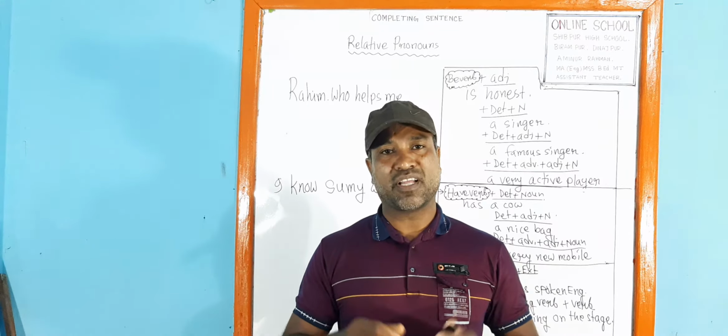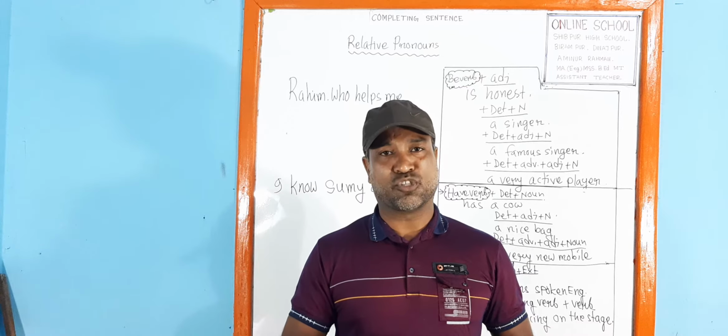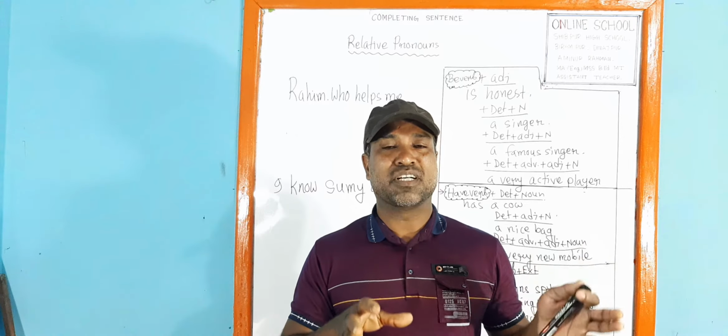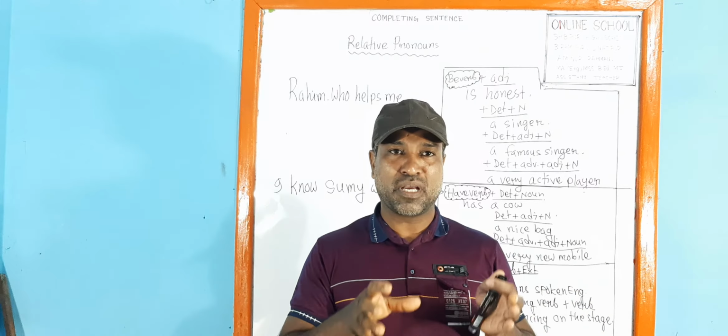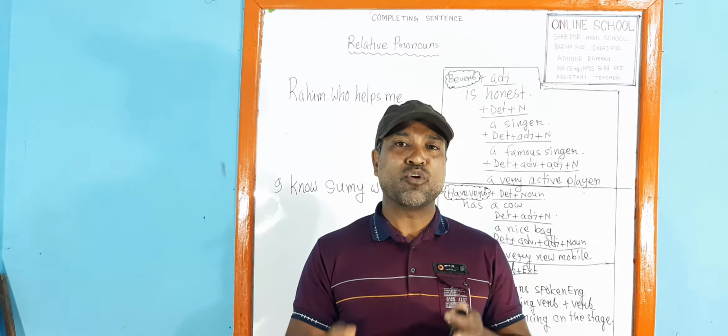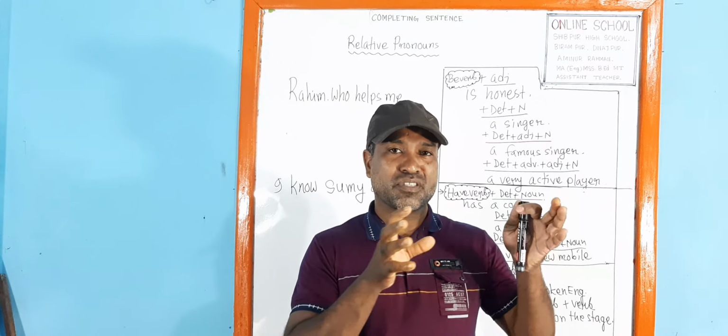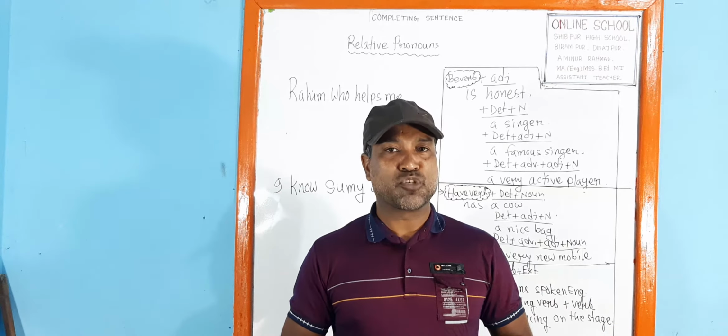Perhaps you have got the idea, and in my class today I want to implement those rules in some sentences. How can you use these rules in sentences, that I will try to show you.